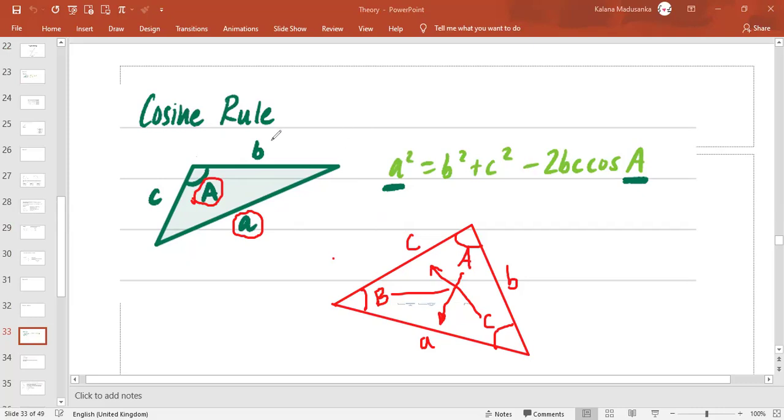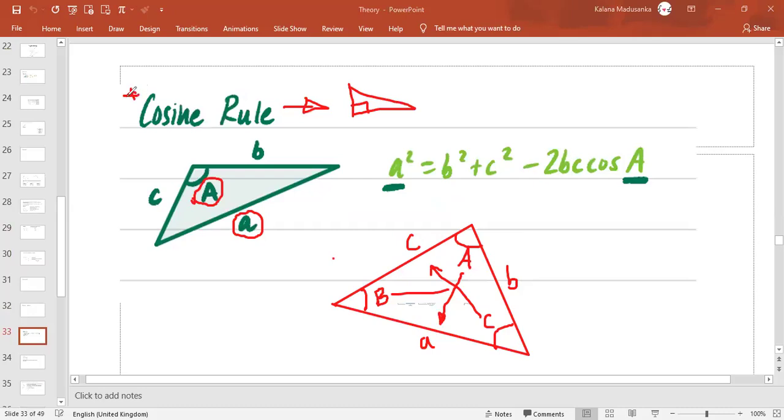Three data is more than enough, okay? And actually we use this cosine rule when the triangle is not satisfying the Pythagoras theorem, which means the triangle is not a right angle, then you have to use the cosine rule.